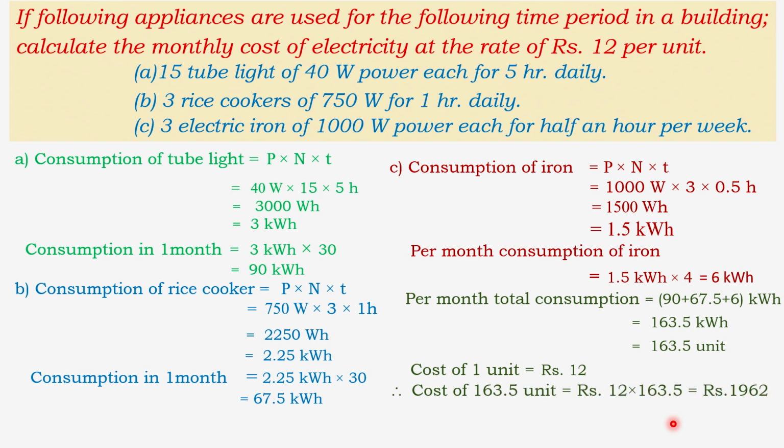So cost of 163.5 units is equal to rupees 12 into 163.5, it gives 1962. I mean to say rupees 1962 is the final answer.